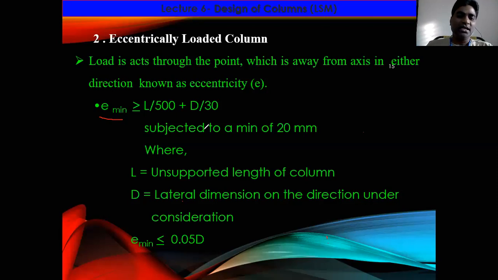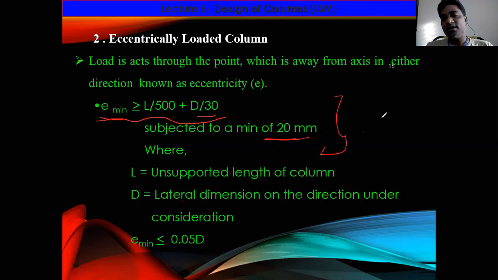So e minimum should be greater than or equal to L by 500 plus D by 30, subject to a minimum of 20 mm. That means, as per the codal provision, if the eccentricity is within the minimum or 20 mm, we can design that column as an axially loaded column. If it is exceeded, then we design it as an eccentrically loaded column, right?